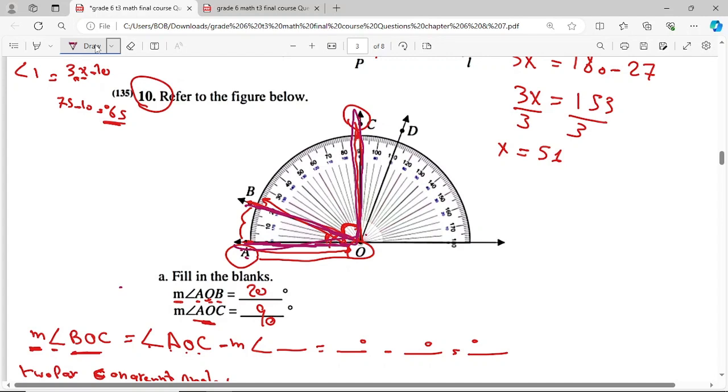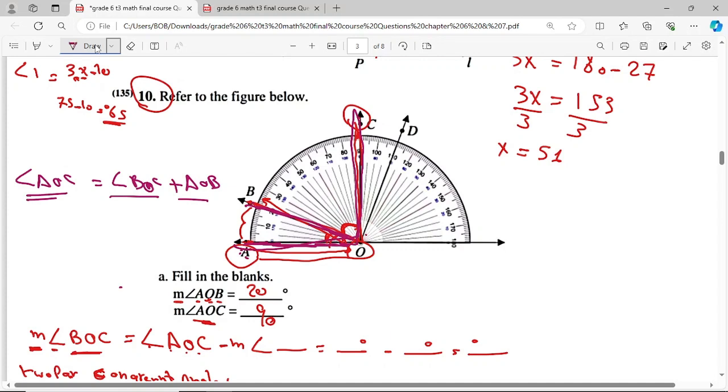So that means angle AOC equals angle BOC plus AOB, right?